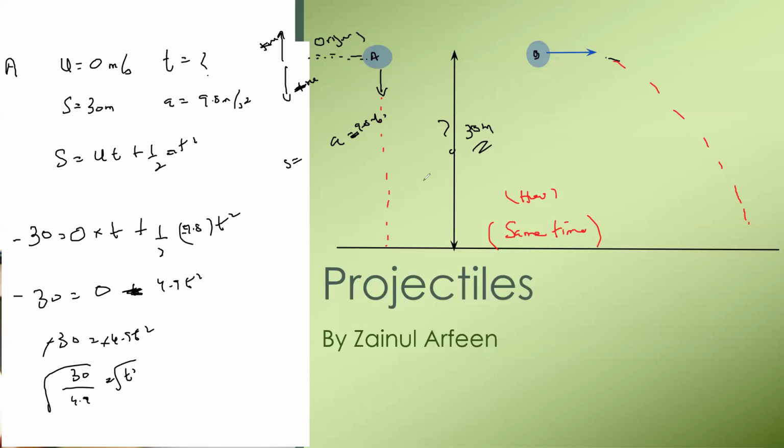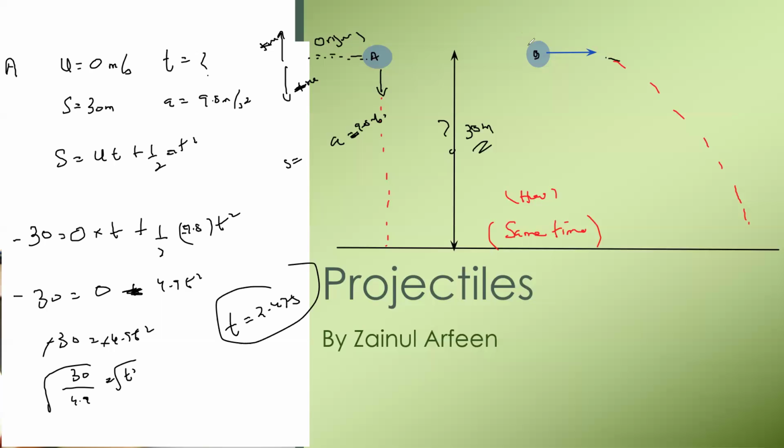So 2.47 is the time it takes to hit the ground. So t equals 2.47 seconds.